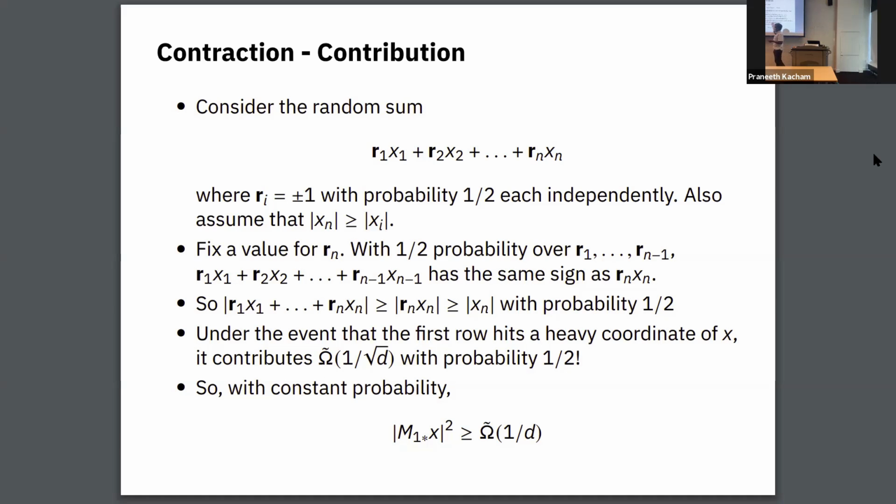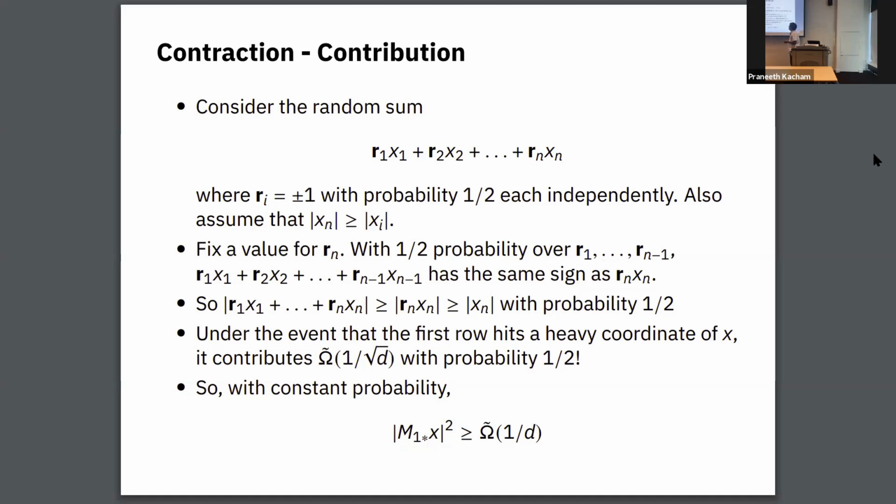So with half probability, the partial sum r1x1 through rn minus 1 xn minus 1 will have the same sign as rn xn. If I add up the whole thing and take the absolute value, with half probability r1x1 through rnxn will have an absolute value of at least the absolute value of xn.